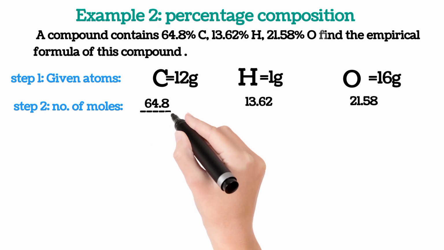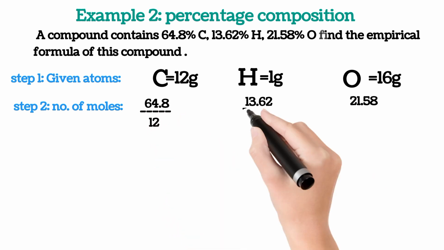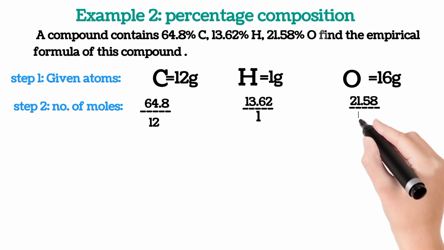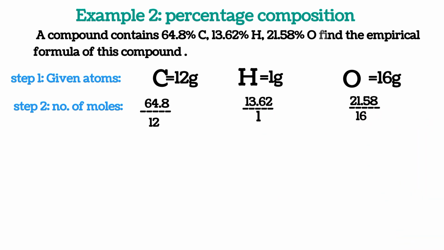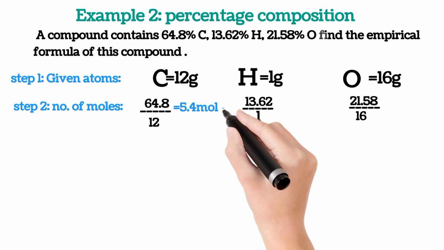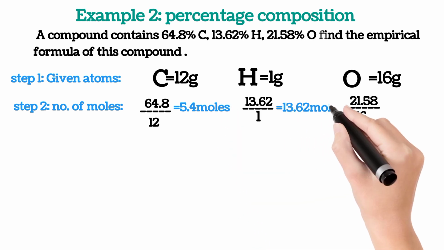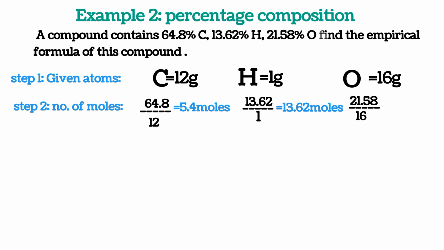Now we'll divide through by their relative atomic masses. So we're going to have 64.8 divided by 12, 13.62 divided by 1, and 21.58 divided by 16. So 64.8 divided by 12 will give us 5.4 moles. 13.62 divided by 1 will give us 13.62 moles, and 21.58 divided by 16 will give us 1.35 moles.